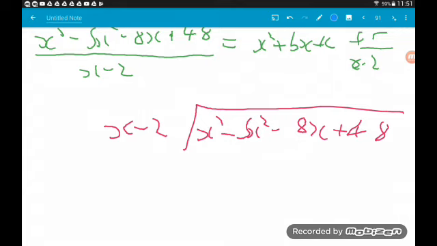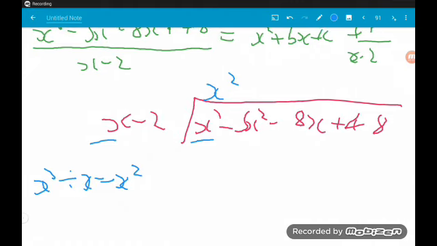We divide the first term under the sign by the highest powered x term in the divisor. So, x cubed divided by x is x squared. Now that goes up on top of the division sign like that. Then we multiply that by the divisor. So, x squared times x minus 2 gives us x cubed minus 2x squared.